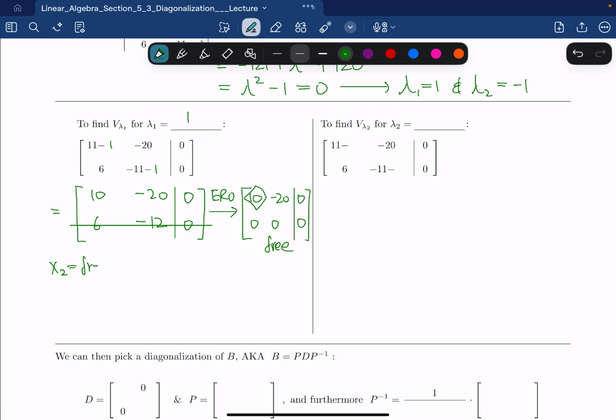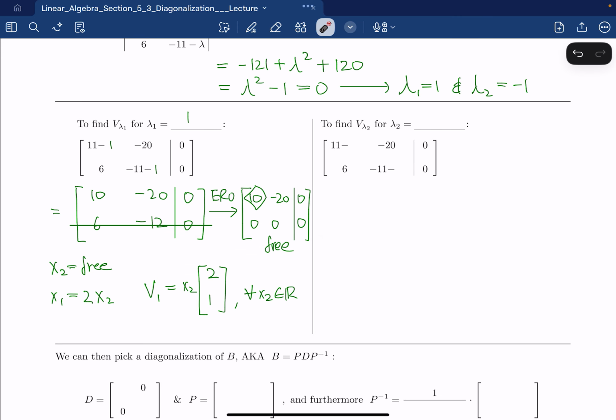So therefore v1 is equal to x2 times the vector 2, 1, for all x2 in R. And we're done. So this one is pretty simple.